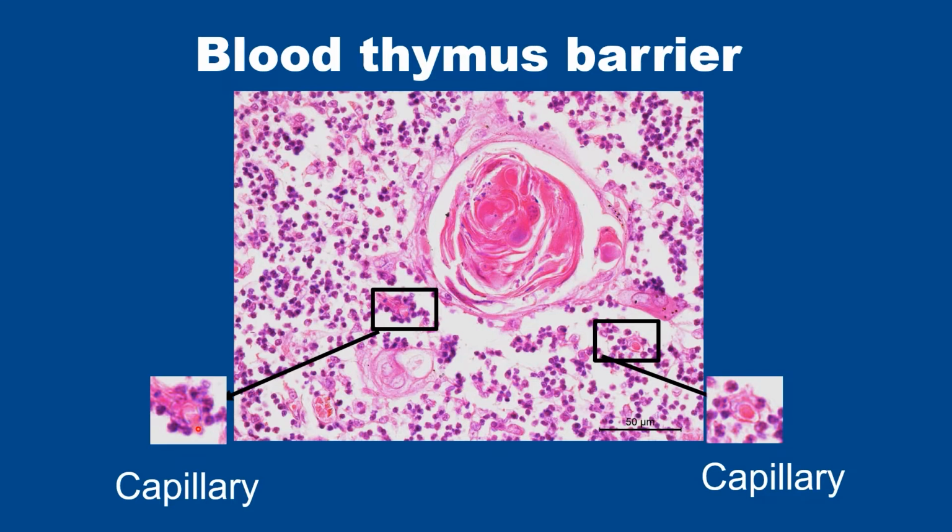It has endothelium, the basement membrane, and other cells also. This whole capillary is surrounded by certain other structures: macrophages, epithelioreticular cells, and lymphocytes. On the other side also you can see one capillary, and there are lymphocytes surrounding the capillaries.